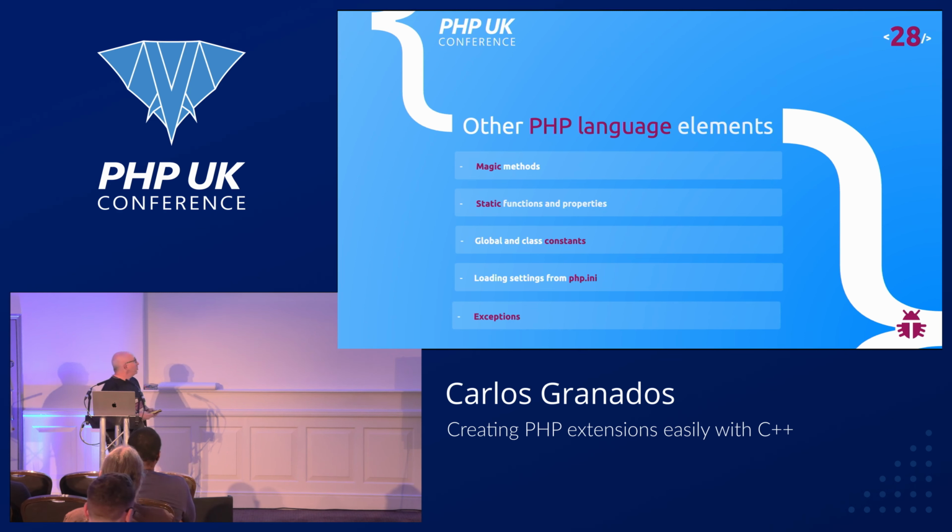And also a very interesting thing is that it provides support for exceptions in two ways. One of them is that it can intercept exceptions which are being thrown by the PHP code and do things with them. And it can also throw these exceptions so that they are used by the PHP side of the things.